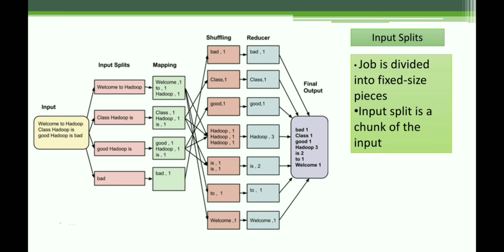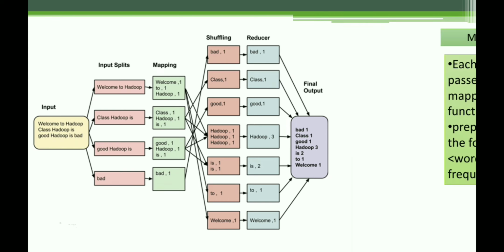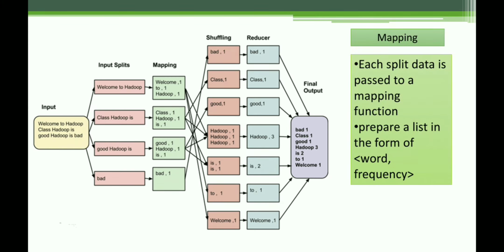It is always beneficial to have multiple splits because when the splits are smaller, the processing is better load balanced since we are processing the splits in parallel. Then mapping phase. In this phase, execution of the MapReduce program is done.